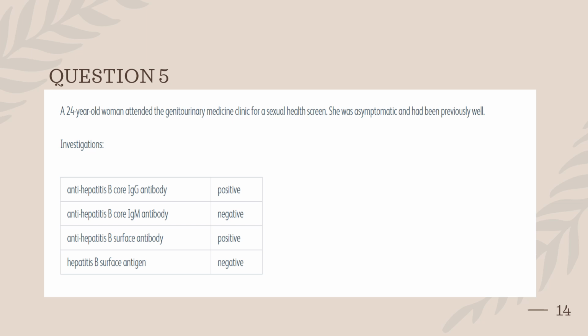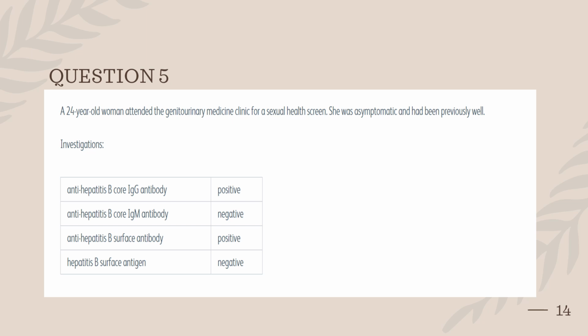Here, what is happening? There is anti-hepatitis B core antibody, which is IgG. IgG, I told you, it's a chronic case. It's a long gone story. It's not an acute thing. So there is core. Core means the person has previously been infected, not vaccinated, because core is not there in the vaccine.